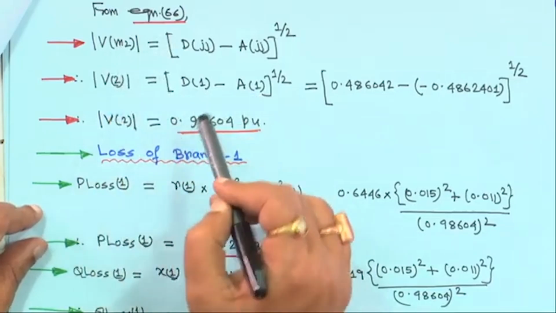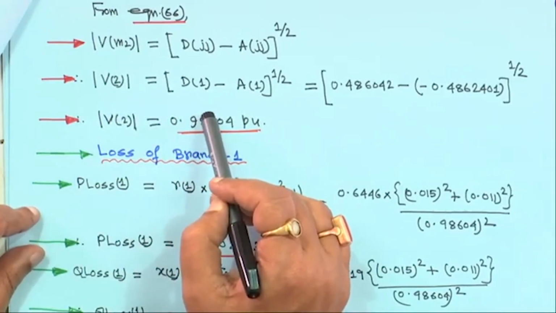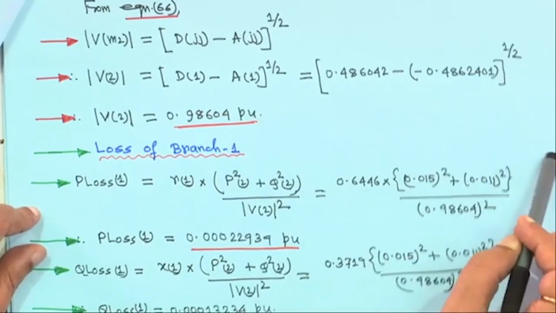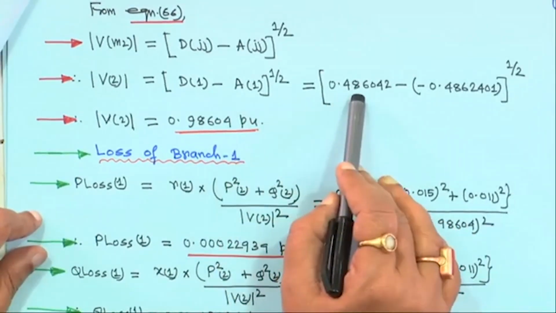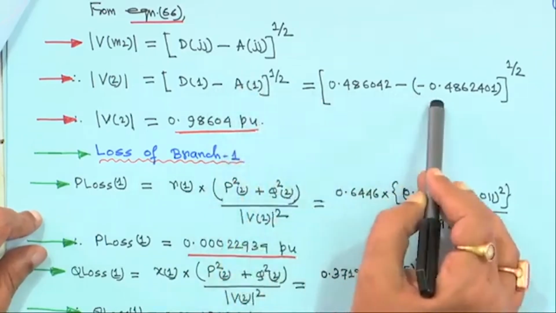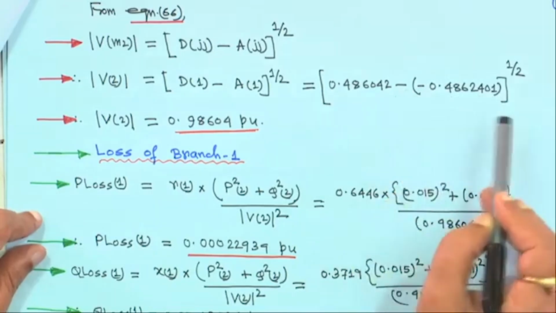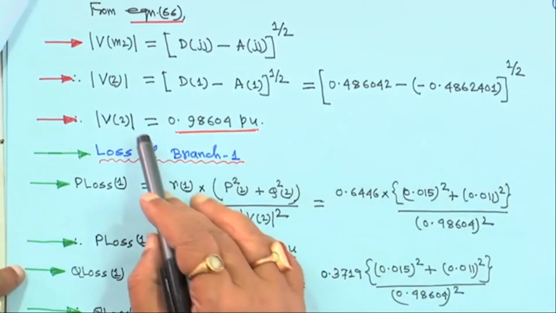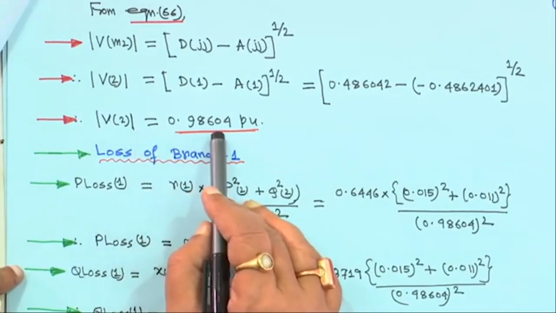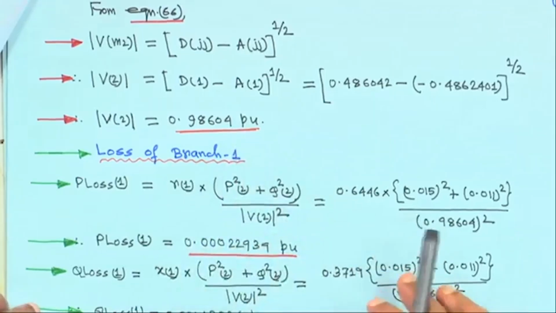This is all continuing for jj is equal to 1, branch number 1, m1 is equal to 1, m2 is equal to 2, right. So, you substitute there D1 is 0.486042 minus, and A1 is minus 0.4862401 in the bracket. So, minus minus, plus actually, to the power half. If you simplify, magnitude of V2 will come 0.98604 per unit. So, magnitude of V2 is obtained.